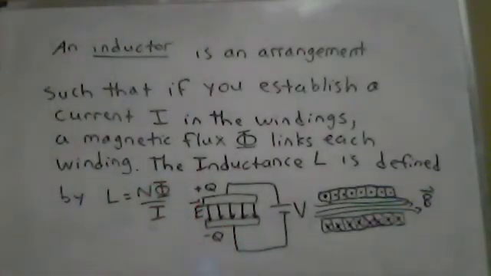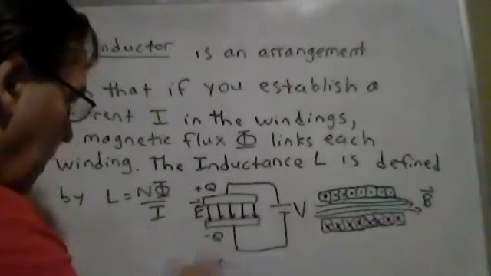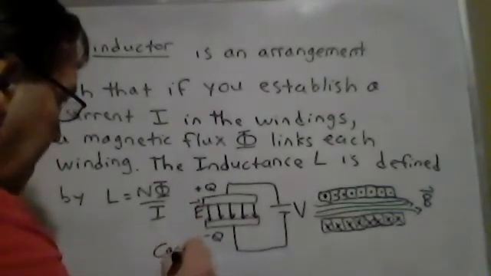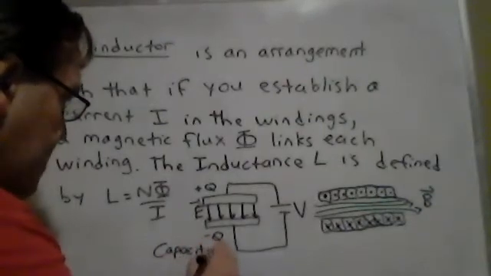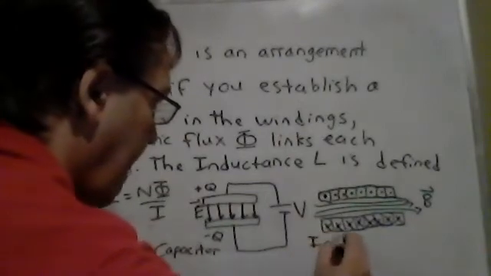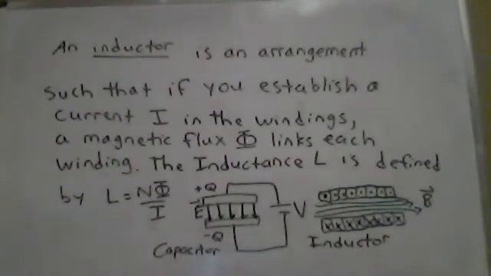Again, it's supposed to be uniform. And so again, the idea with the inductor, now this is a capacitor. What I'm seeing right here, this parallel plate, that's a capacitor. And what I'm showing you on the side here is an inductor. Again, to not confuse, it's a cutaway.